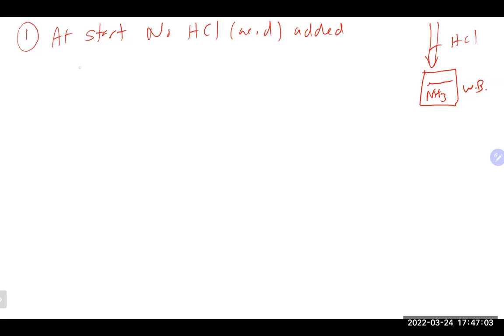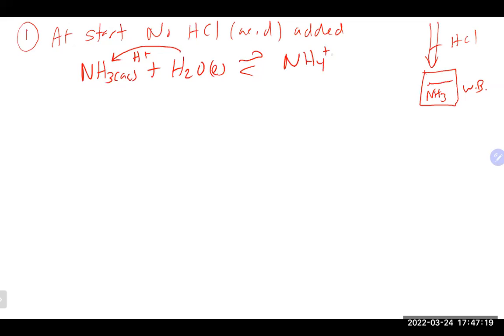And remember, when you're dealing with weak bases, it's probably a good idea to put the water in that equation. That way you could visualize the H plus going over, and that will make our NH4 plus and a little bit of hydroxide, right? Which is why this is a base.